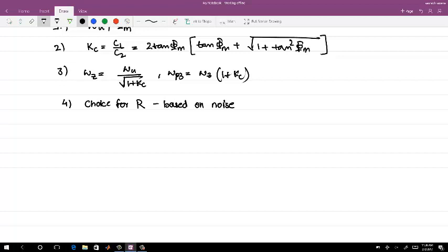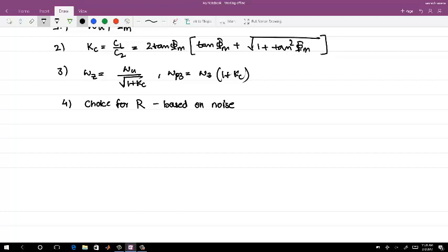Your charge pump is noisy, your PFD is noisy, the divider, everything is noisy. So all this analysis will be done in the presence of noise. The final goal should be a minimum noise output. The parameters I have chosen here, like omega u and phi m, come after doing the noise optimization, the final values.